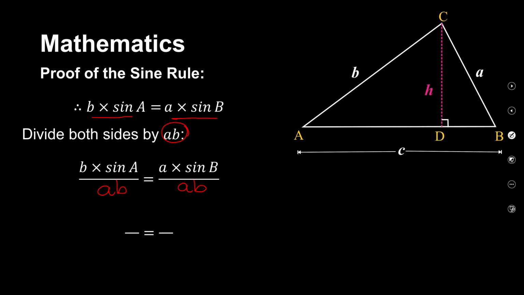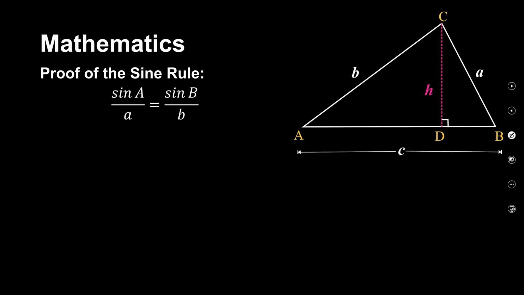On this side, the B's are going to cancel out, and on this side, the A's are going to cancel out, leaving us on the left-hand side with just sine A over A, and on the right-hand side, we're left with sine B over B. And that's exactly what we needed to prove. Sine A over A is equal to sine B over B.